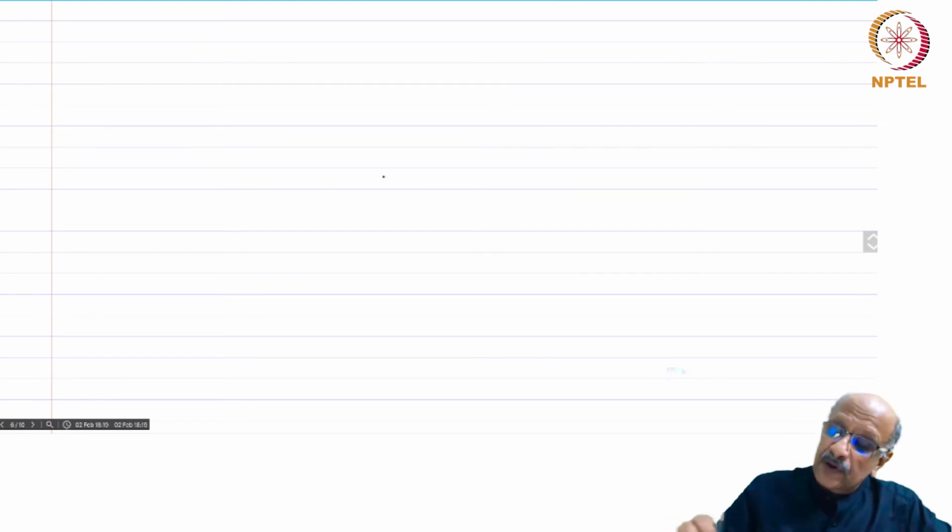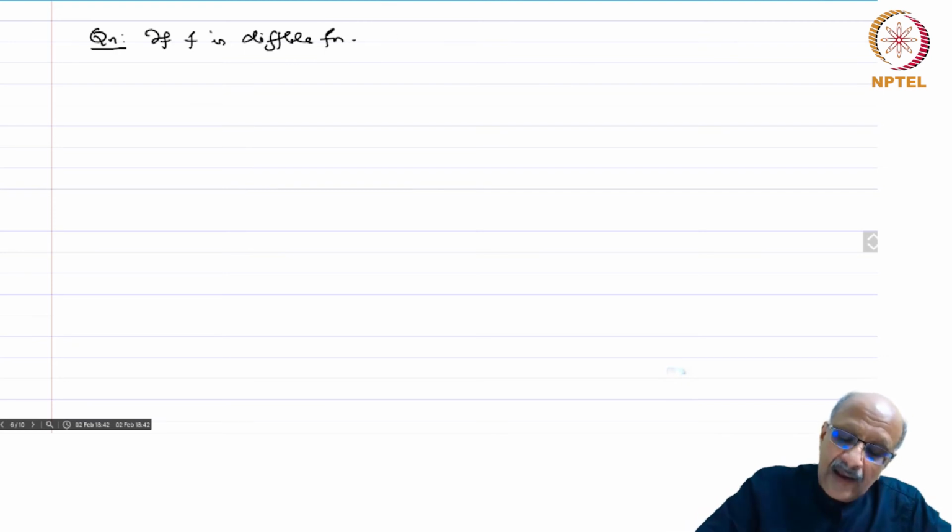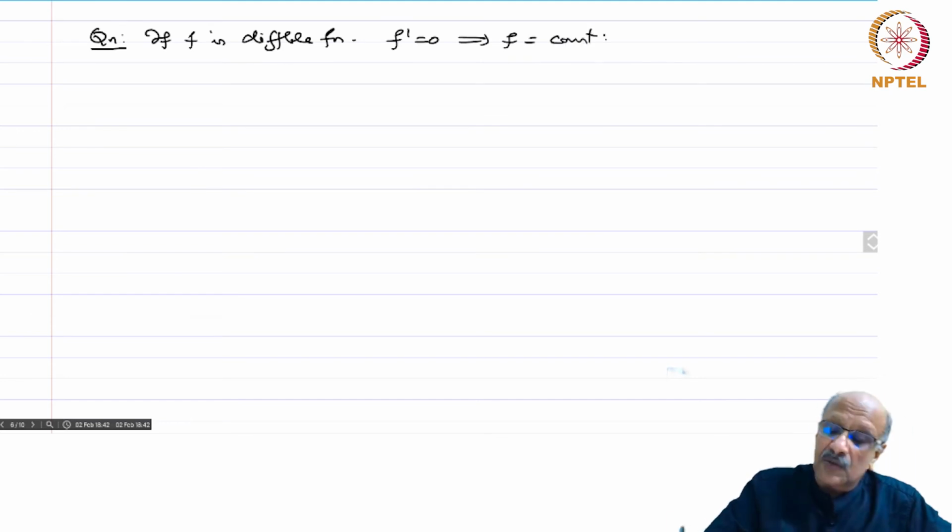So before we proceed to other operations, here's one interesting question. If f is a differentiable function and f dash equal to 0, then this implies f equals constant. This much we know.